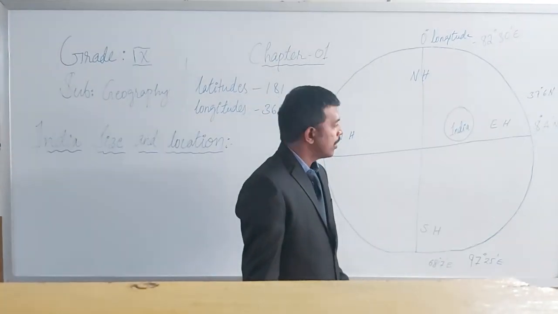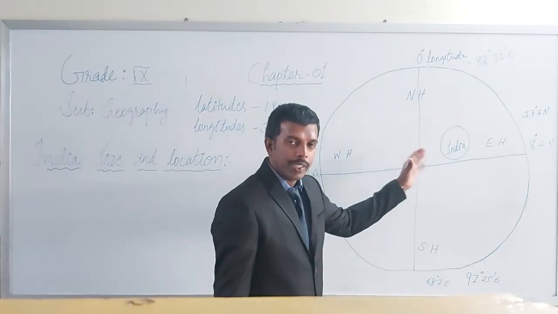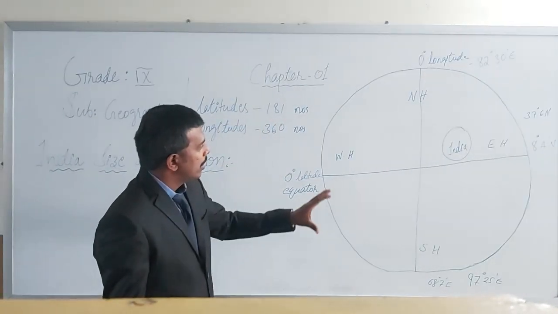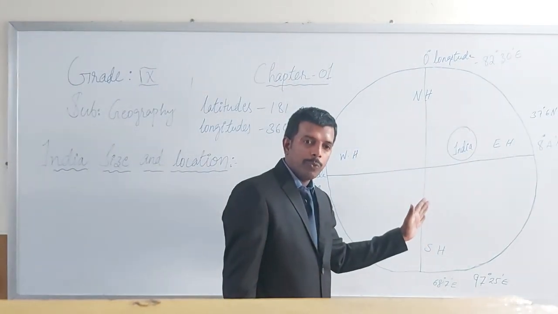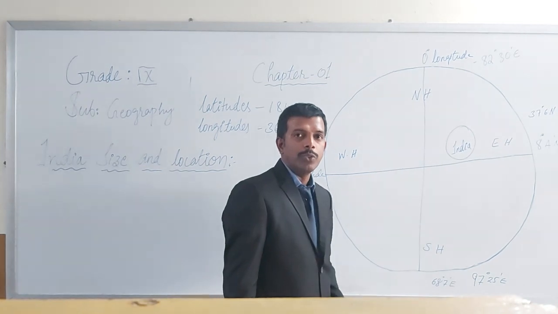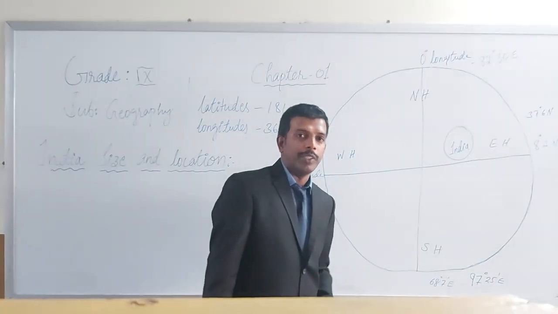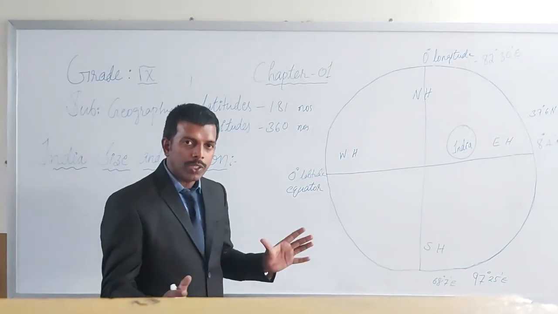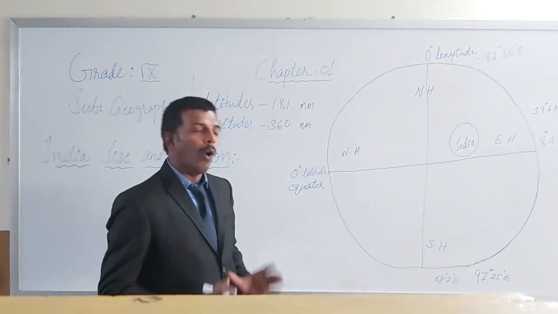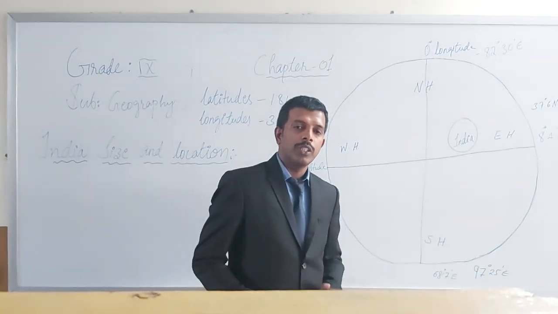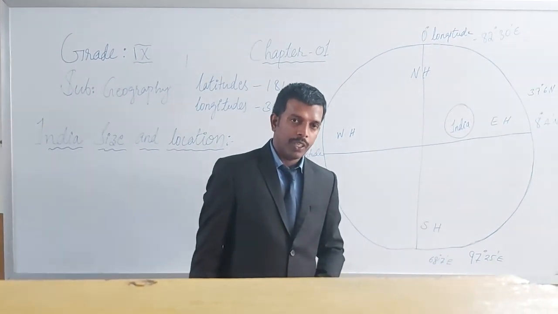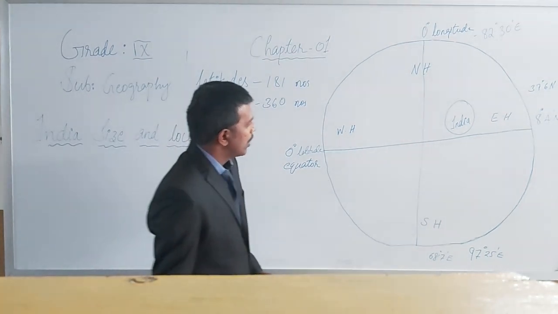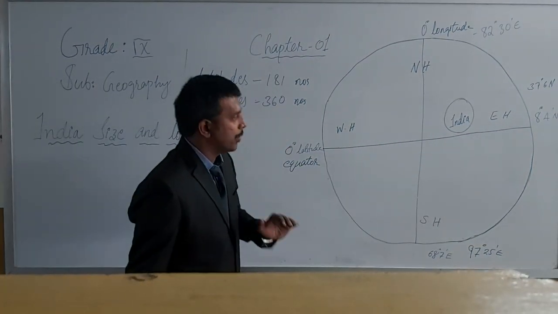After the first point, we are going to enter into the second point. When we locate India on the basis of longitude and latitude, what will be the location of India? Between which two longitudes or between which two latitudes is our motherland, the Indian subcontinent, located? Let us see. First let us go for the latitudinal extent.